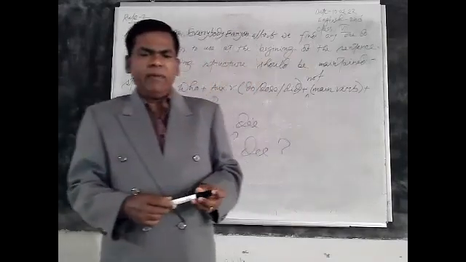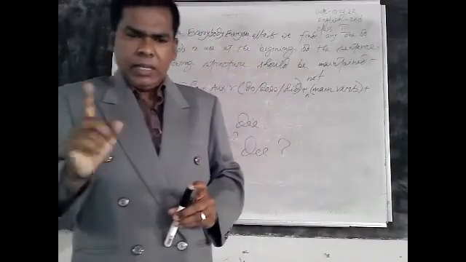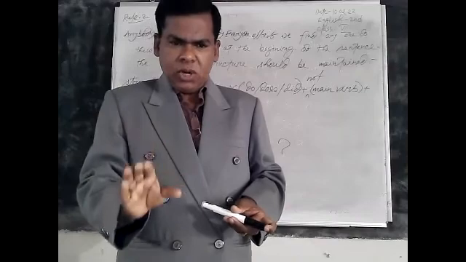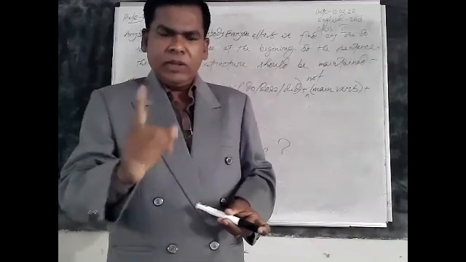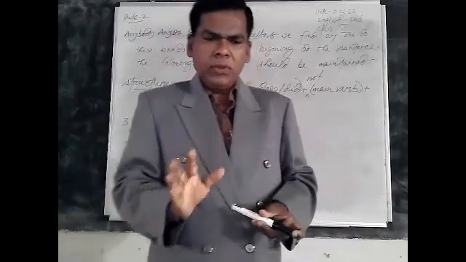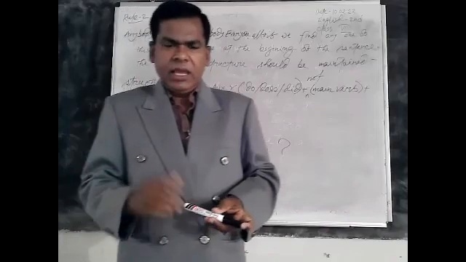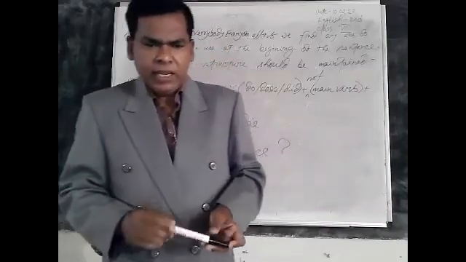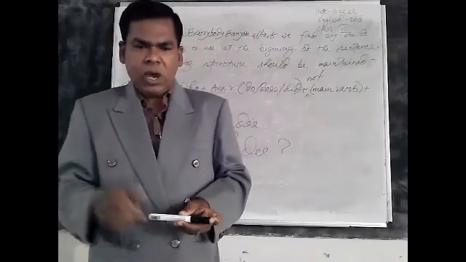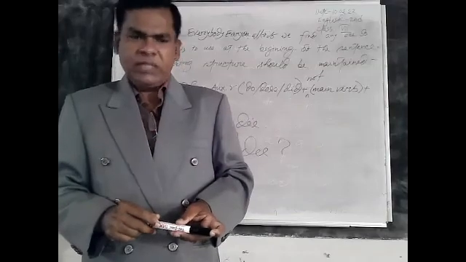The first rule that we have learned today: at first you will have to go through the sentence very well and be careful whether the sentence uses nobody, no one, none at the beginning. If so, you will think that this is a sentence from rule number 1. Then, if at the beginning of the sentence you find anybody, anyone, everybody, everyone, or all, any one of these 5 words, then you will think that the sentence is from rule number 2.